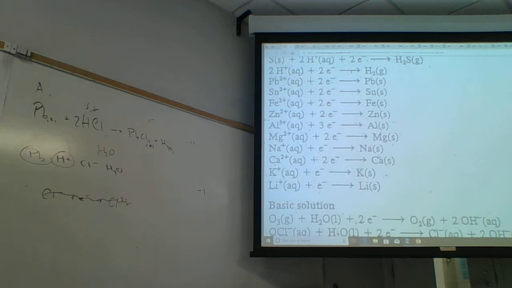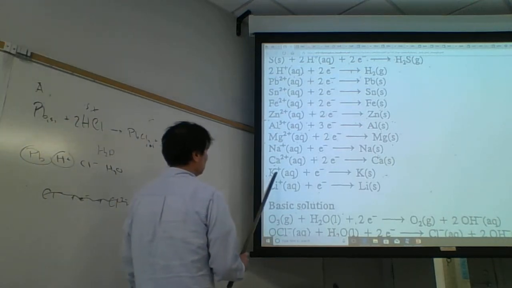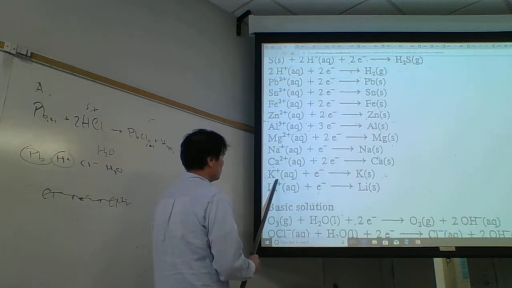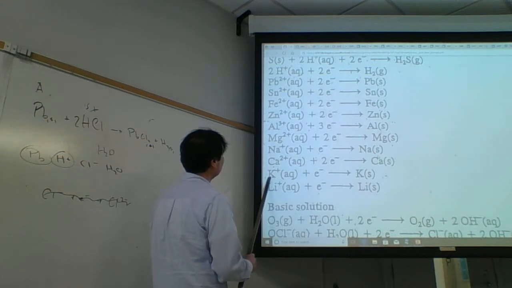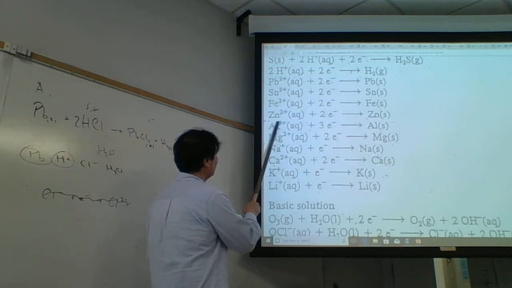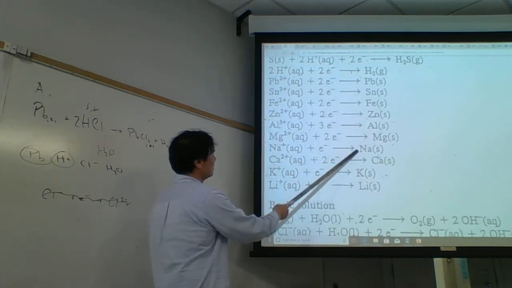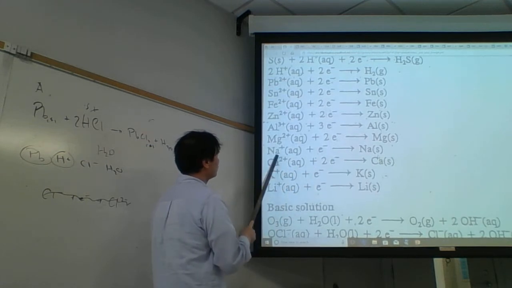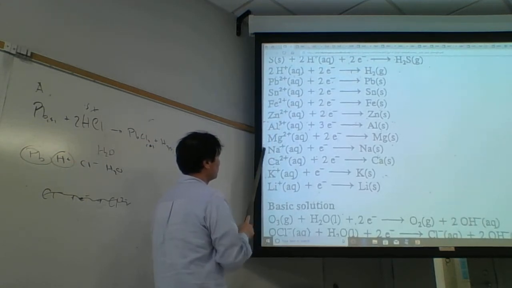Because I know potassiums are not good oxidizers. Is water worse or is water better? Water's better. Where does water go? Yeah, right here. So if water oxidizes sodium, then sodium ions form. And so we're going from stronger water to weaker sodium ions.